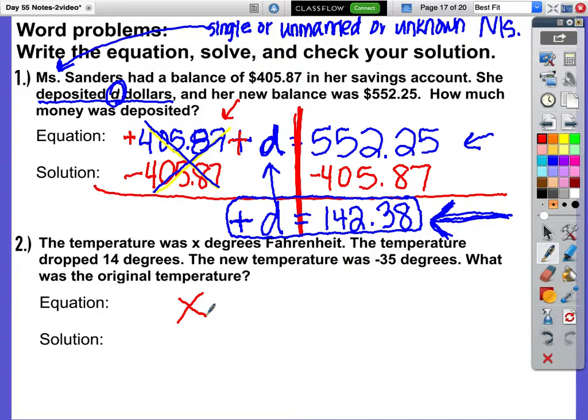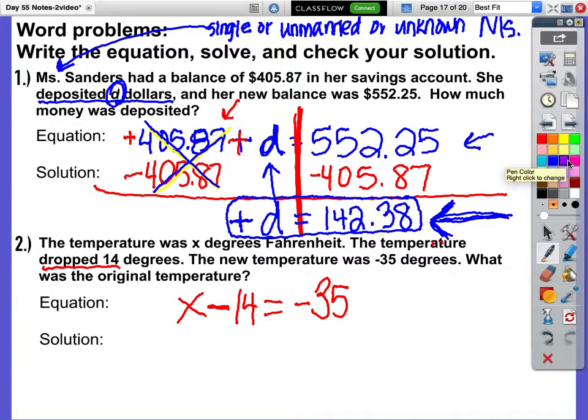I have no idea what that is yet, but I do know that whatever this X temperature was, it dropped, or subtracted, it took away 14 degrees from it. It went lower, subtracted. And when that happened, the new temperature was negative 35 degrees. Brr. What was the original temperature?